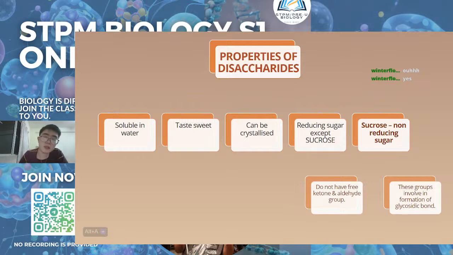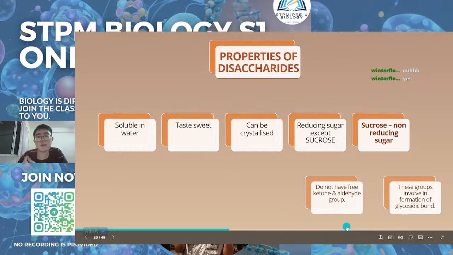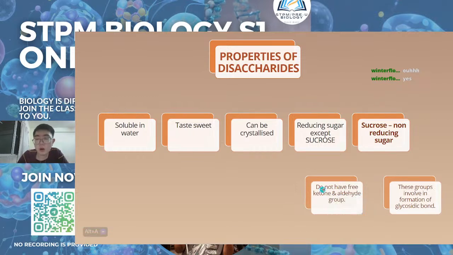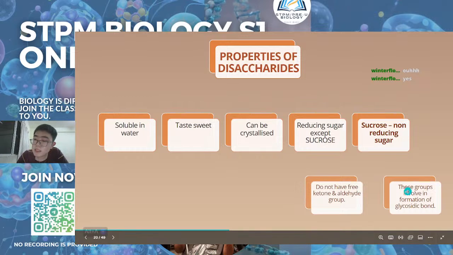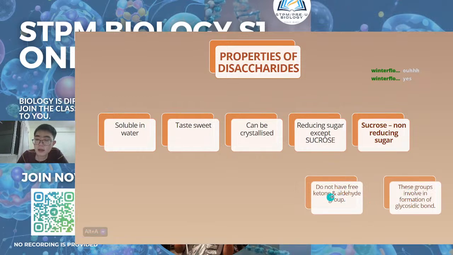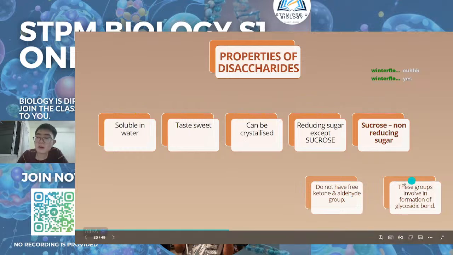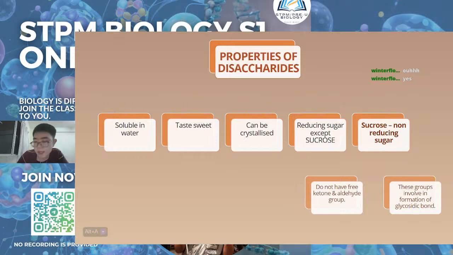But how to reduce? The sugar needs to have a free ketone group or aldehyde group. If not, the sugar cannot be reduced to alcohol. And why does it not have a free ketone and aldehyde group? Because all of these groups are already involved in the formation of the glycosidic bond, compared to other types of disaccharide.